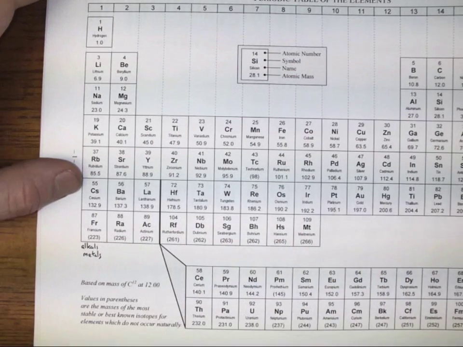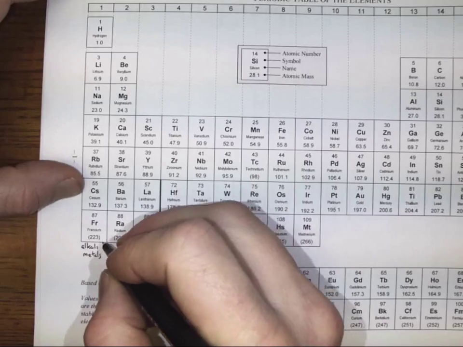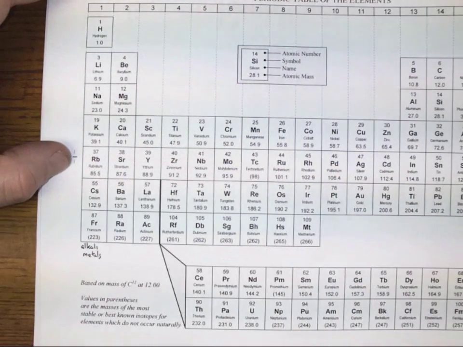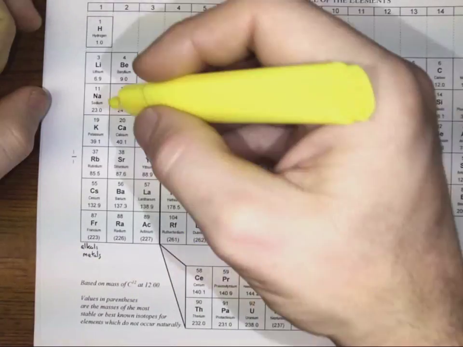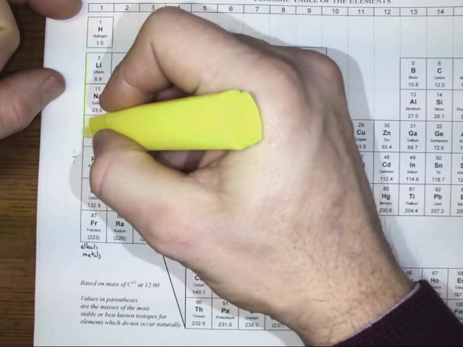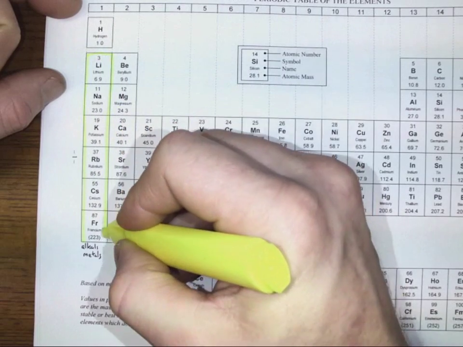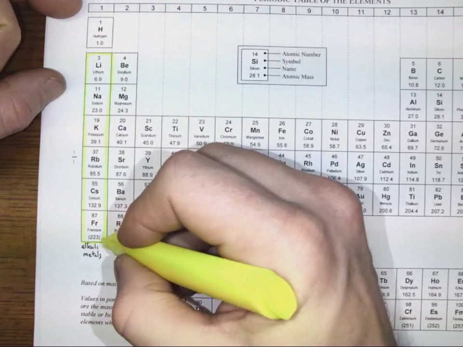And while we're at it, all of these metals are alkali metals, which maybe I'll highlight yellow. That means lithium is an alkali metal, and cesium is an alkali metal.